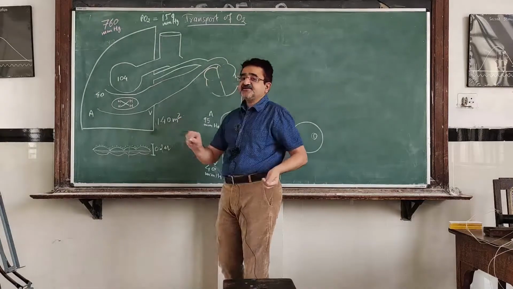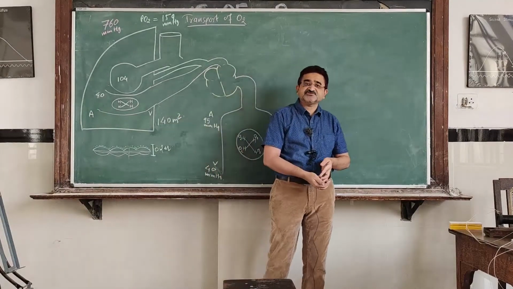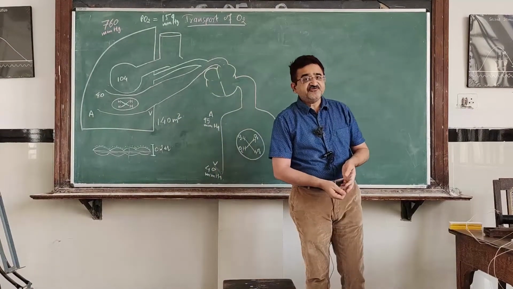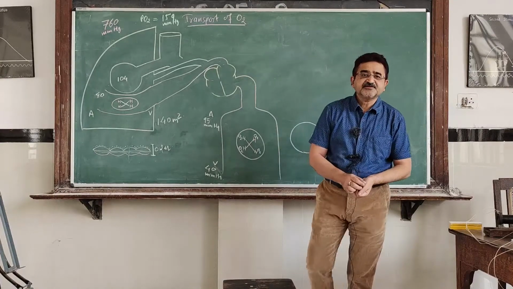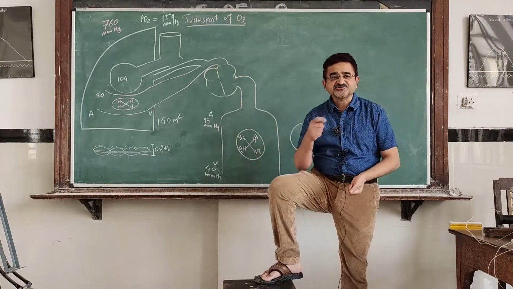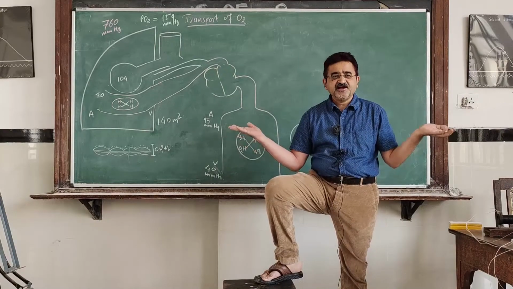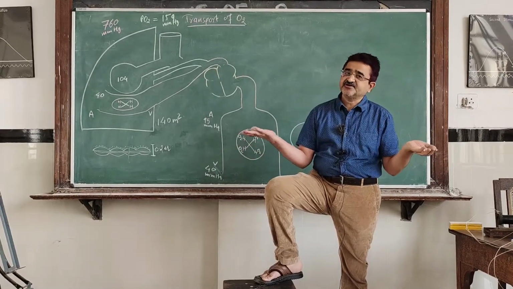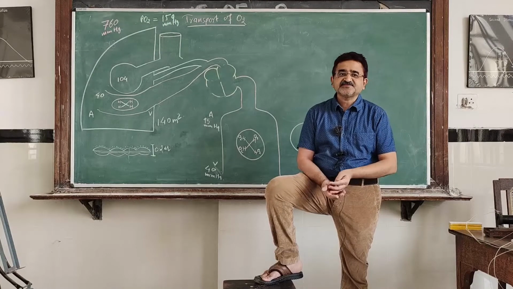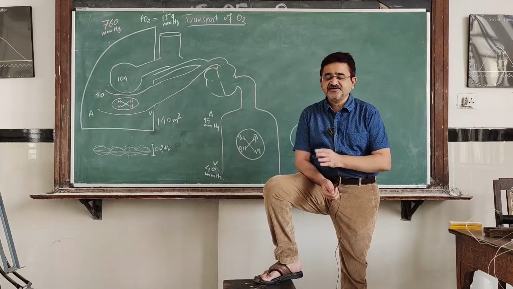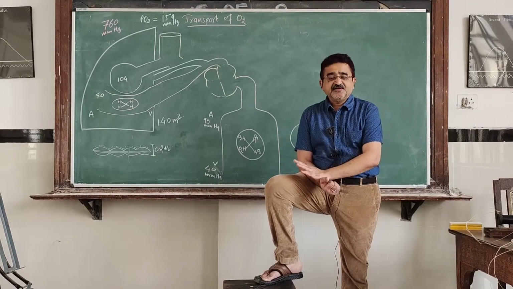How much? It is 140 meter square. This 140 meter square is nothing but the area of a tennis court. Such is the vast area available in the lung for the exchange of gases, and this is the area of what? Respiratory membrane.